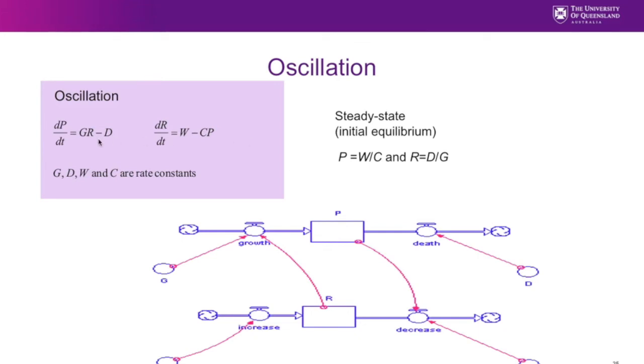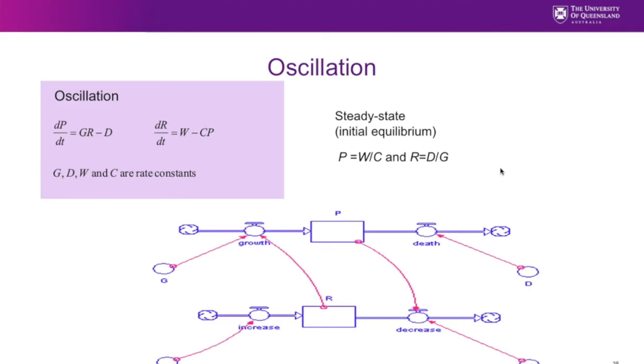Again, we have R, that is the component of the second stock within the equation of the first stock, and we have P as also included in the equation of the second stock, okay? And G, D, W, and C are rate constants.